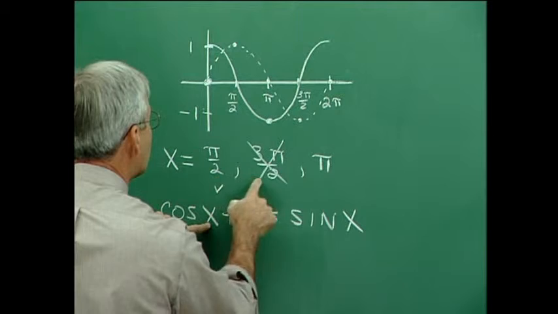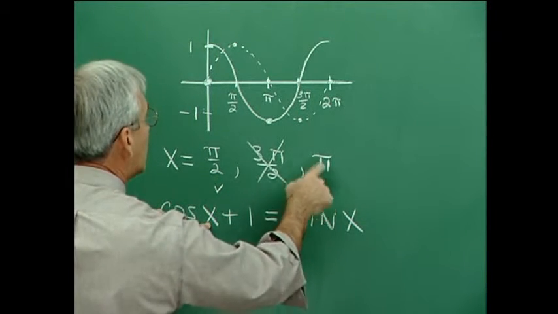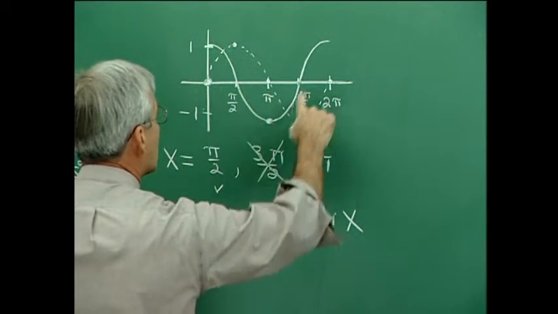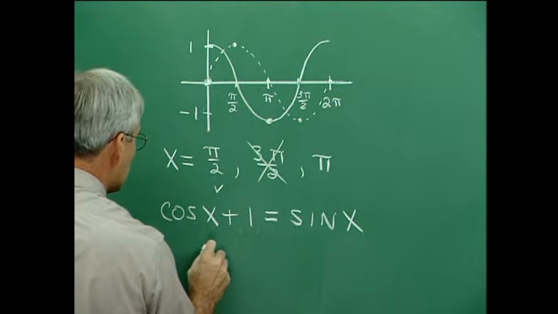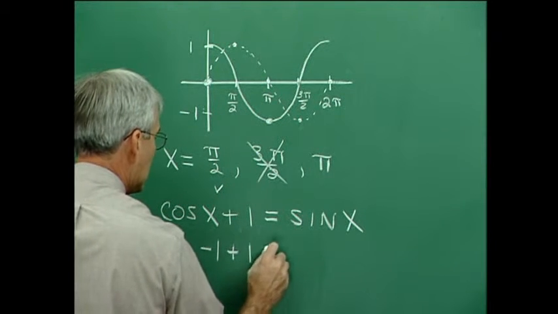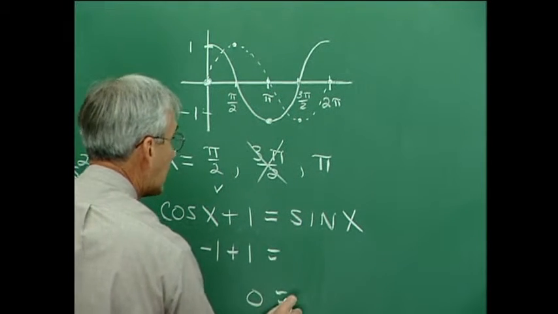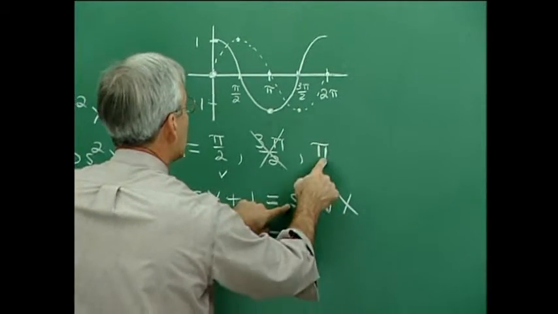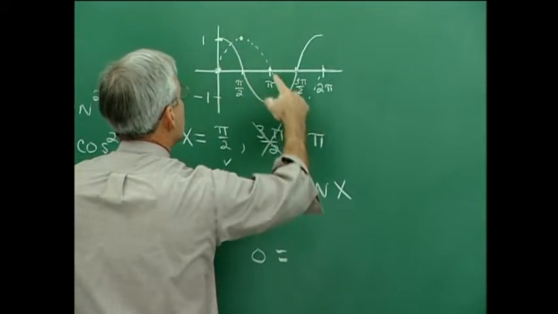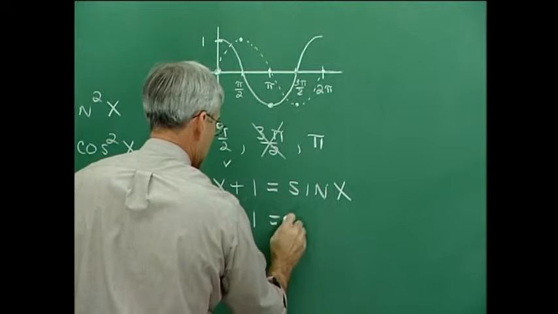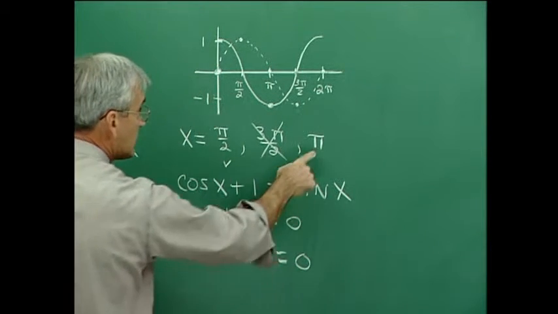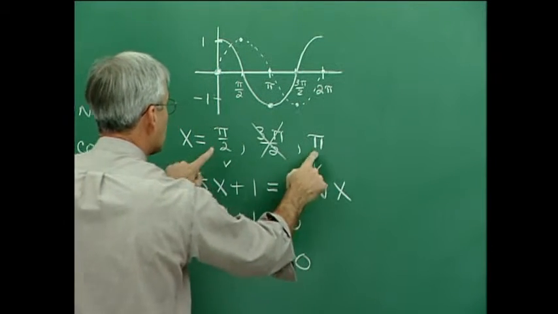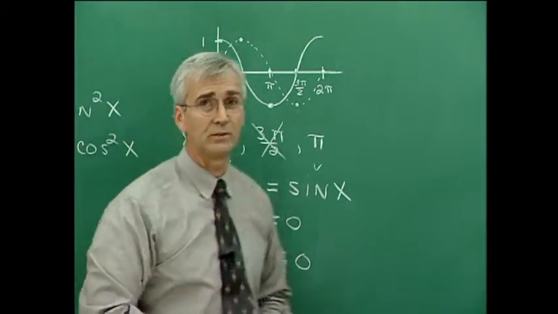Cosine of pi, here's the cosine curve, is at -1. So -1 plus 1, that's going to be 0 on this side. What about the sine of pi? The sine of pi, here's the sine curve, oh, it's at 0. 0 equals 0. This is indeed a solution. So these then are our two solutions to the equation.